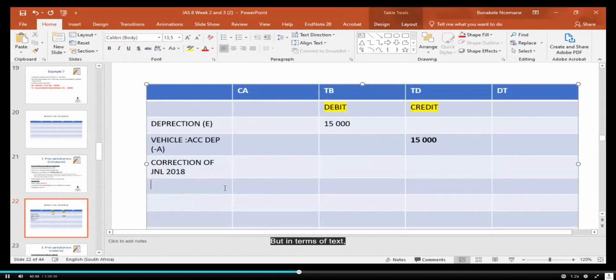But in terms of tax, because we need to prove that our current tax is not affected but our deferred tax is affected, how much is our deferred tax affected by? So essentially, what is 15,000 multiplied by 30%? 4,500.